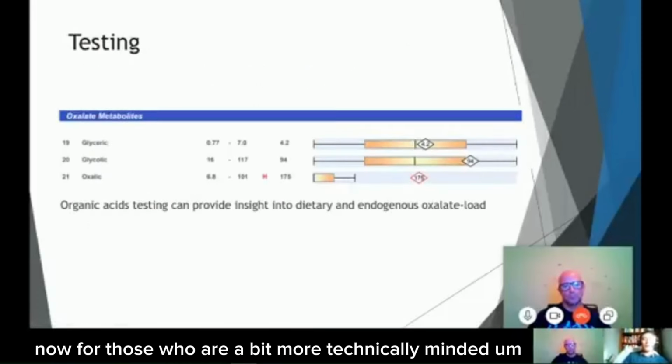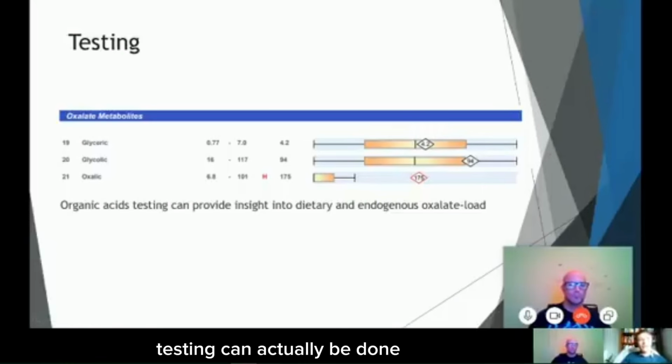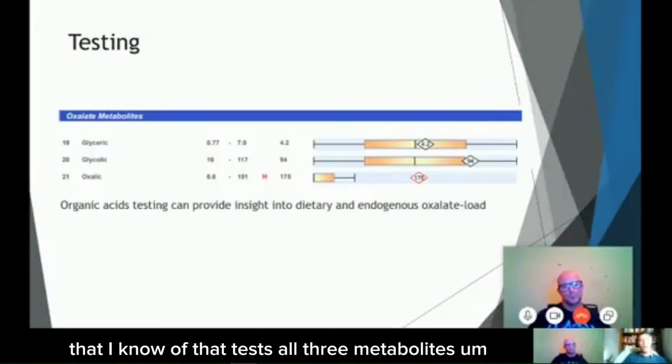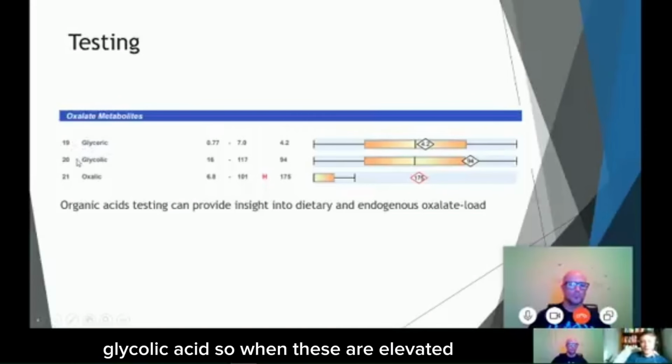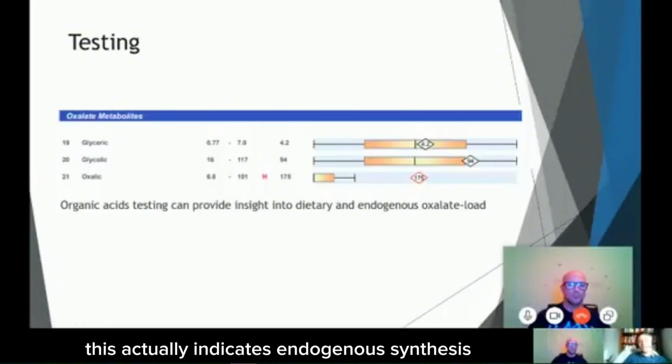Now, for those who are a bit more technically minded, testing can actually be done. There is only one lab that I know of that tests all three metabolites, and this is using the organic acid test. It measures glycolic acid, and when these are elevated, this actually indicates endogenous synthesis.